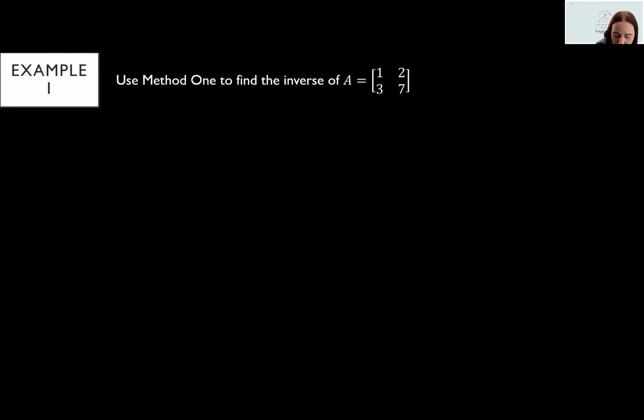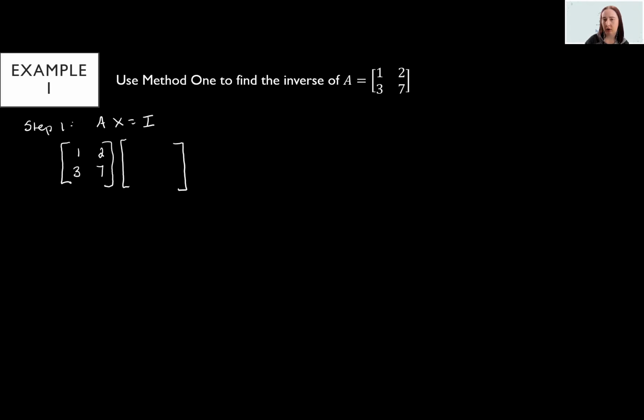So for method 1, you are setting up AX equals I. So what this means is that we have the matrix A, which is 1, 2, 3, and 7. And then we're going to have a matrix of the same size. And we're going to have 4 variables here.